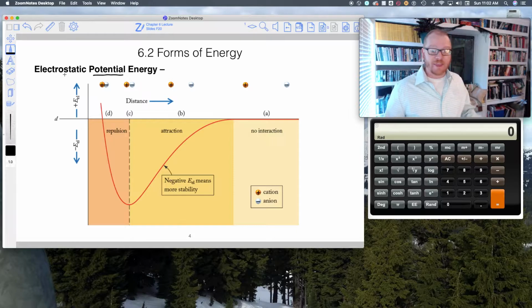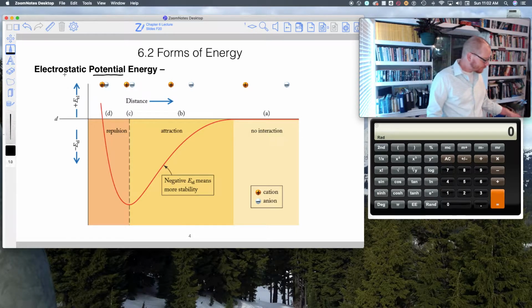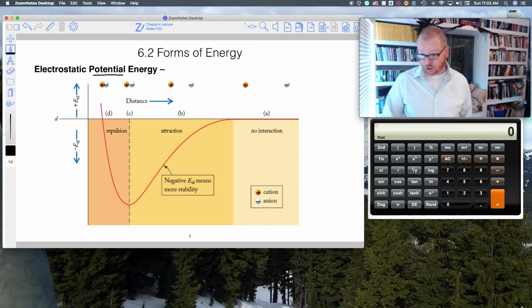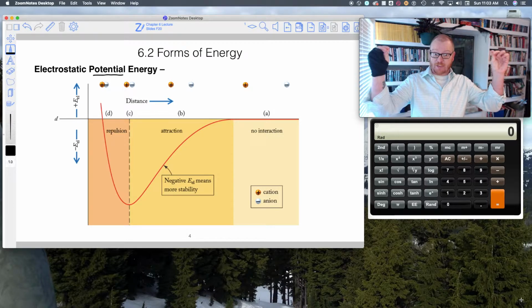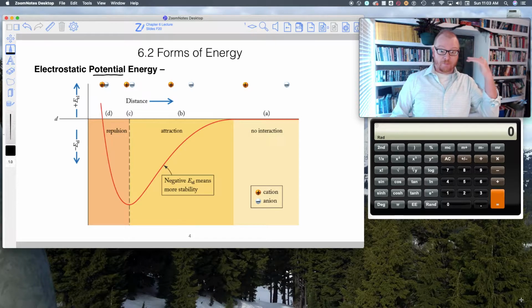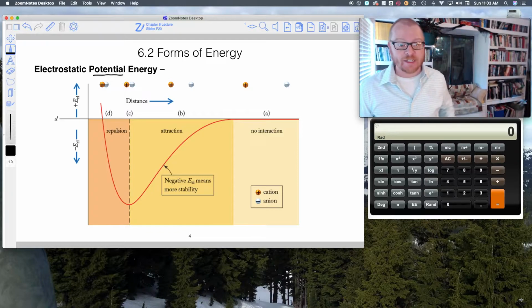In other words, the attraction of opposite charges. Positives and negatives attract each other, and based on the position of those positives and negatives, they could either have a lot of electrostatic potential or no electrostatic potential.